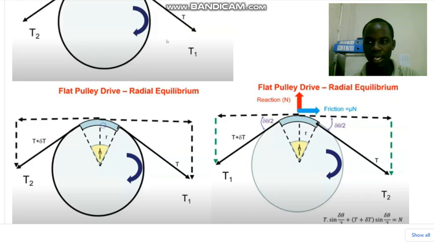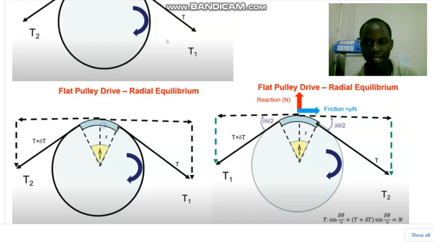If this is the radius of the pulley, and T is the tension and T2 is another tension, we consider the elemental region shown by the shaded region in green, with radius r and the angle between those points being theta. At the point of contact, we draw two forces, one parallel and another perpendicular to the point of contact, so we can resolve the tensions into a horizontal component and a vertical component.